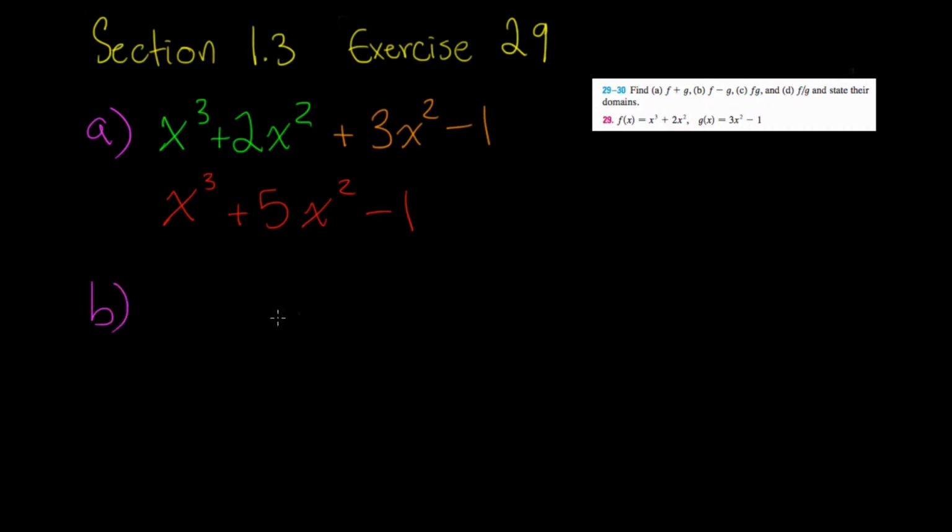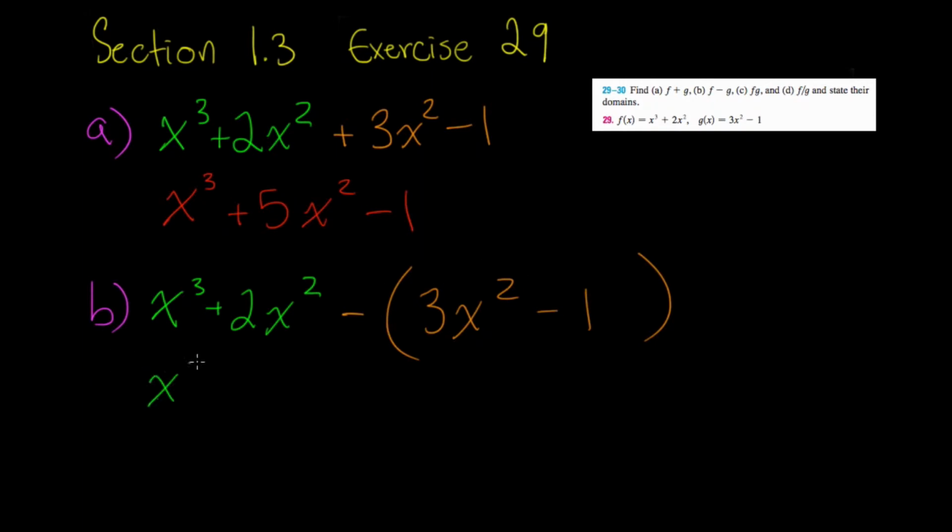B is f minus g, and sometimes the minus part trips people up, so I'll show you how to properly do this. We write f first, and then minus the quantity g, so 3x squared minus 1. Distribute the negative to each term in the quantity, and you have x cubed plus 2x squared minus 3x squared plus 1.